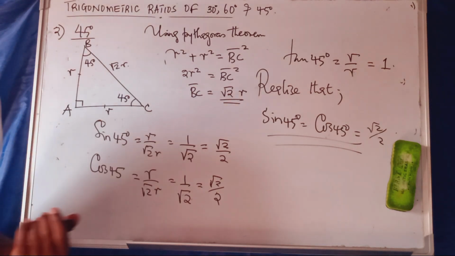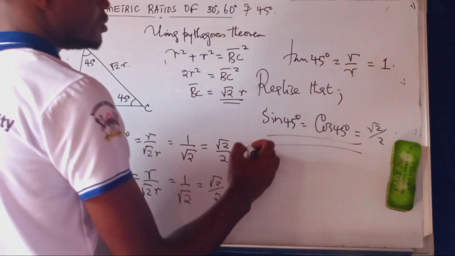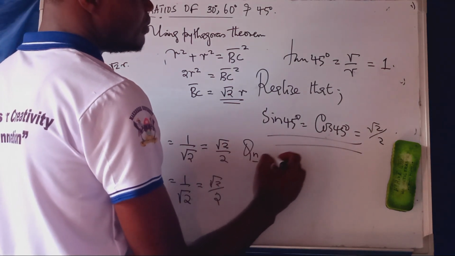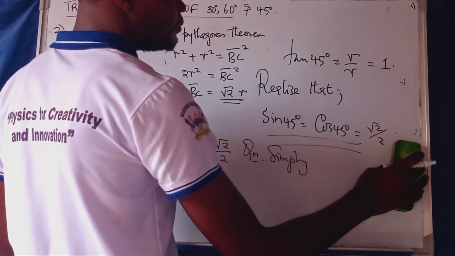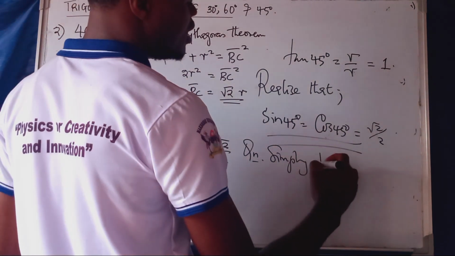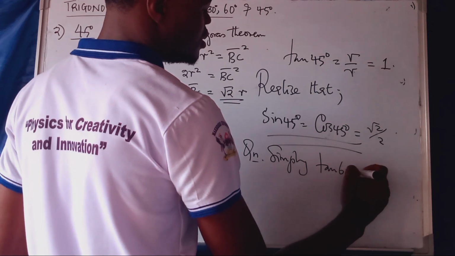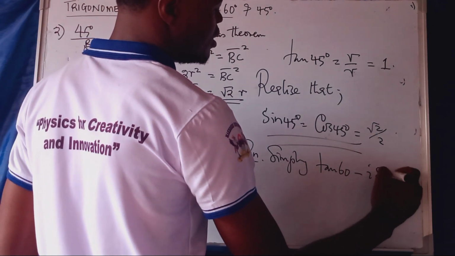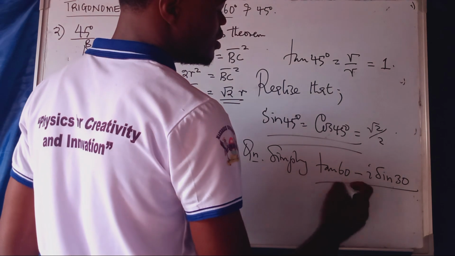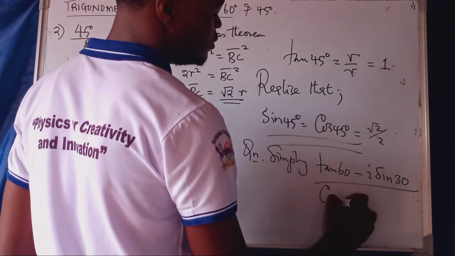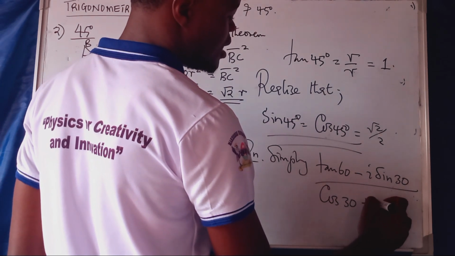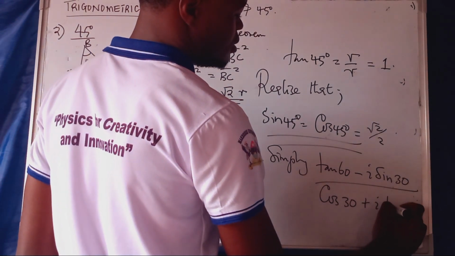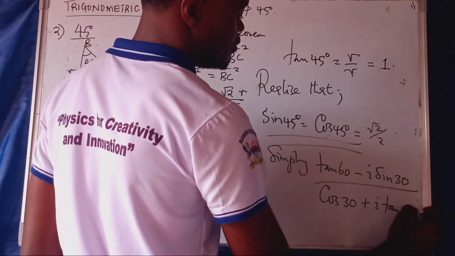If you're told, I can give an example. Simplify tan 60 minus sin 30 over cos 30 plus tan 45.